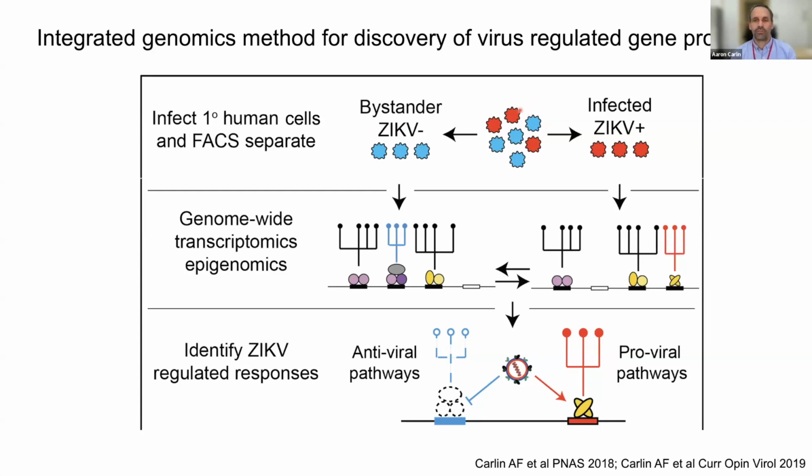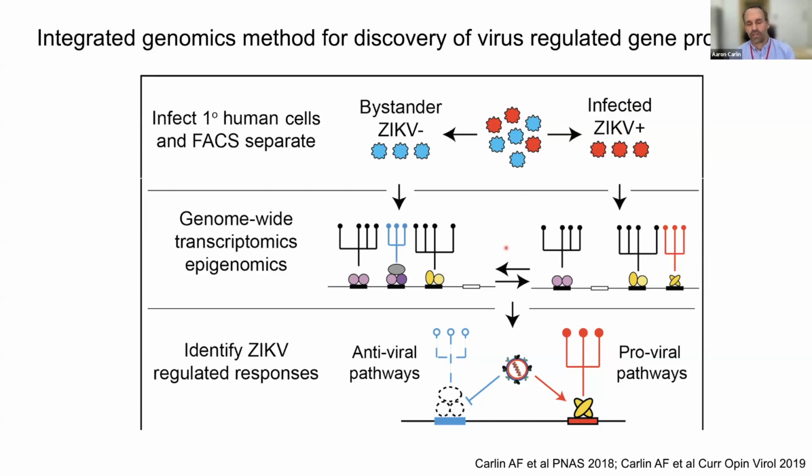And so we developed a method where we can fix these infected and uninfected primary cells, and then use FACS to separate them into infected and bystander populations. This is really helpful for us to be able to separate out what's happening in the infected cells.